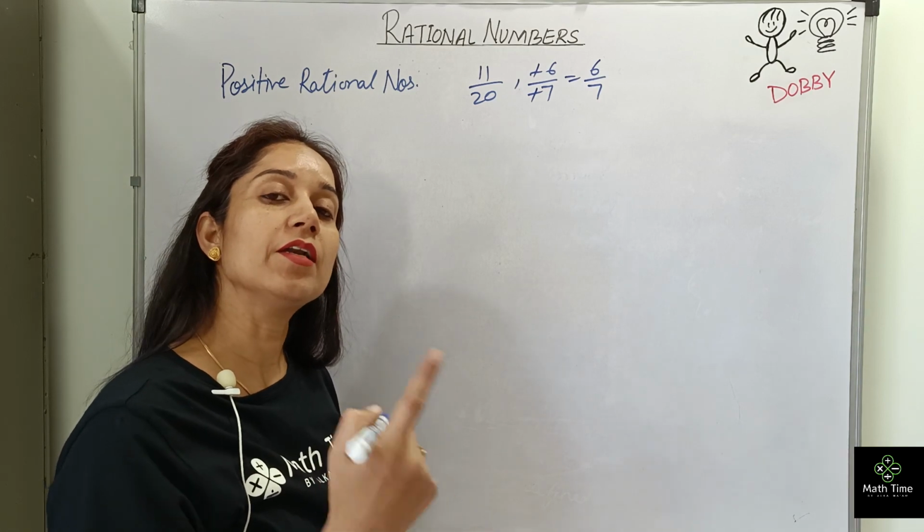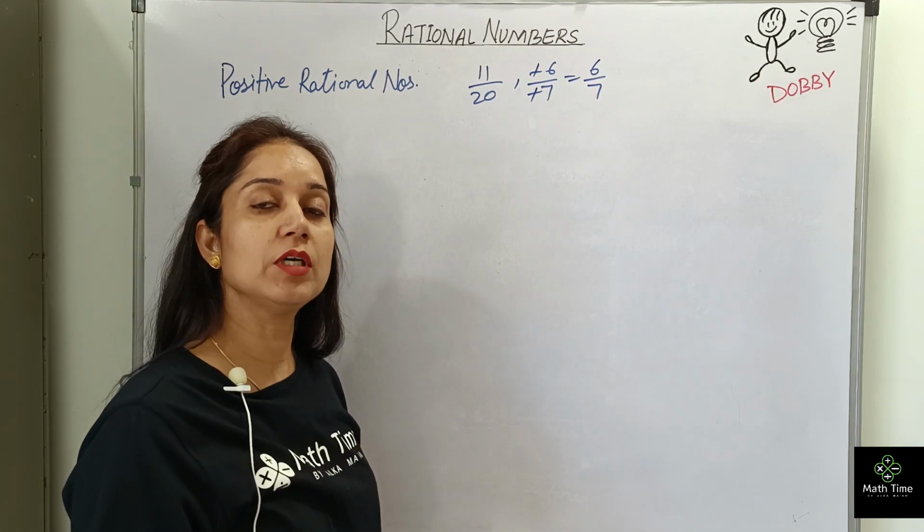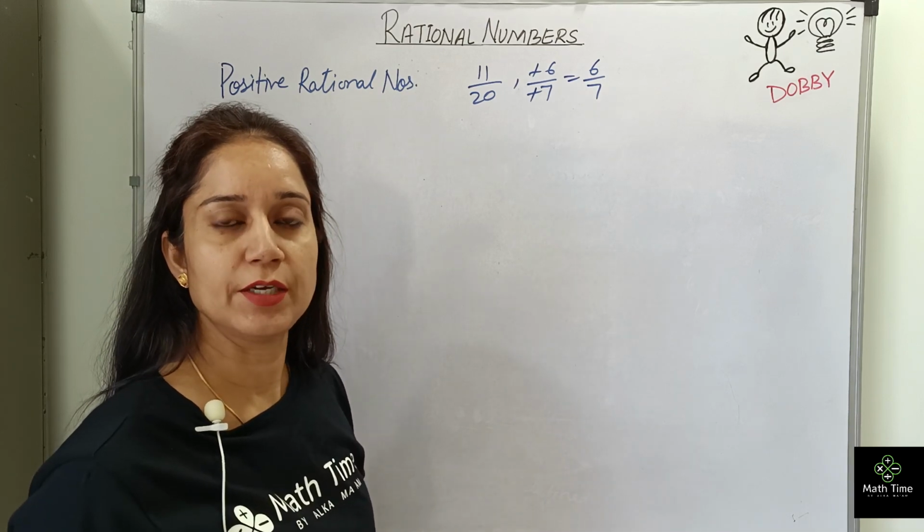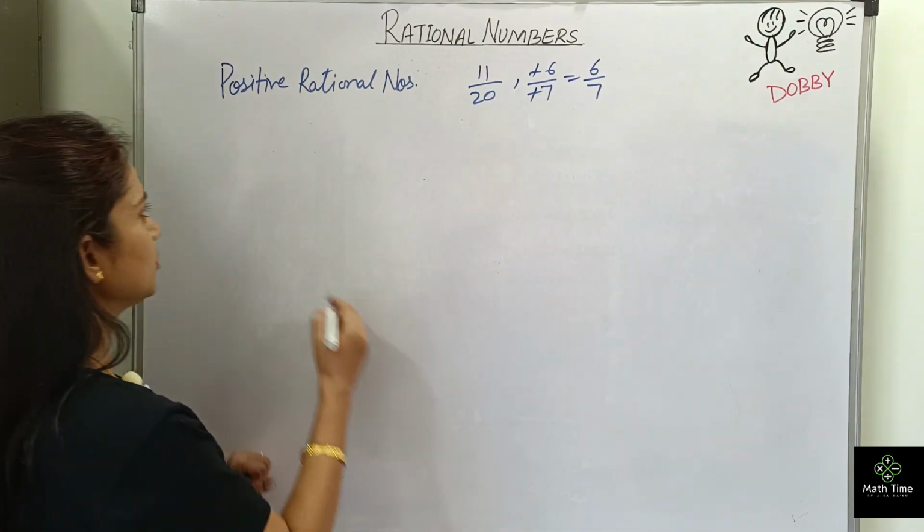So when the numerator and denominator both are either positive or negative, such rational numbers are said to be positive rational numbers.